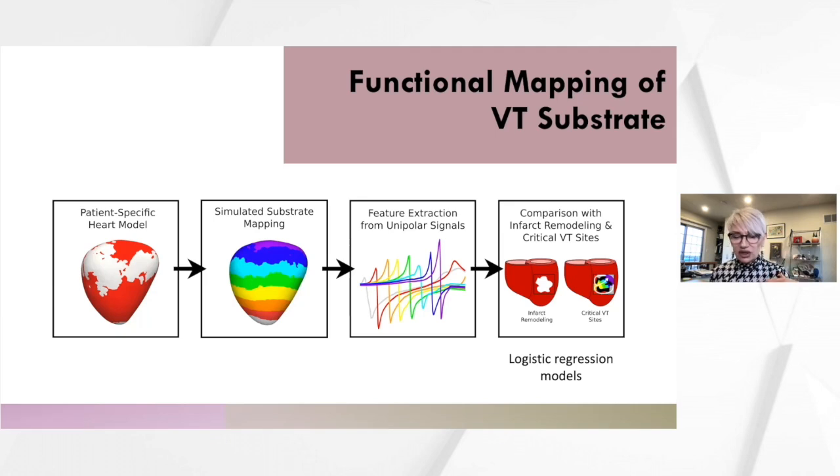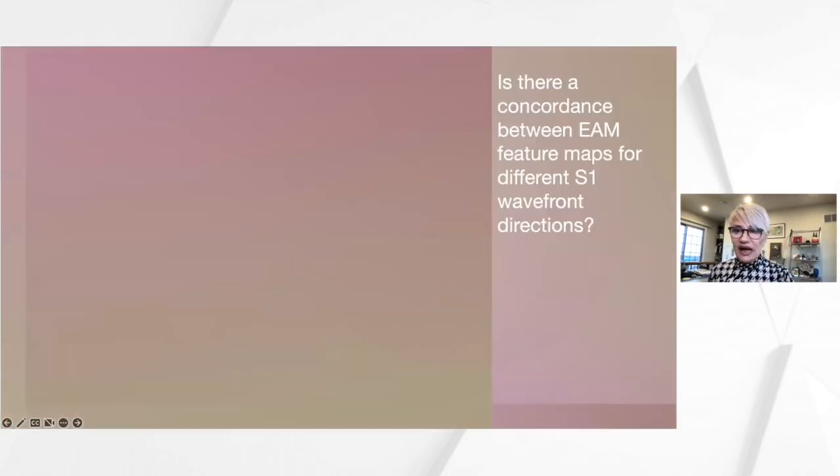For instance, whether a map acquired by pacing from one site was similar to a map acquired from another pacing site. So we'll start with that and first demonstrate whether there was a concordance between electroanatomic feature maps for different S1 wavefront directions. That was the first result in this study.